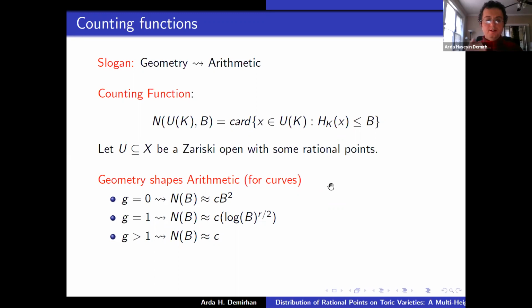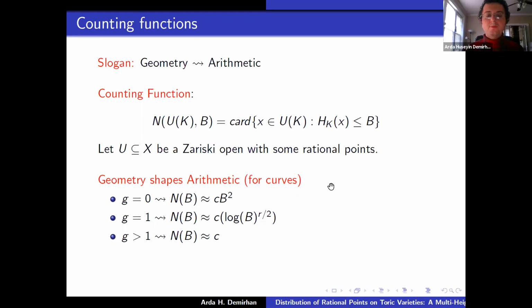For example, genus is a geometric invariant for curves. When genus is 0, the growth is given by a constant times B squared. When it is 1, the order of growth is a constant times log B to the power r over 2. And when g is bigger than 1, it is just a constant.